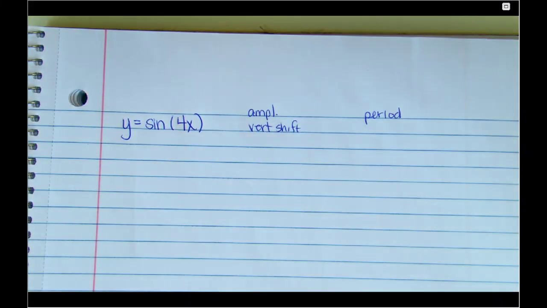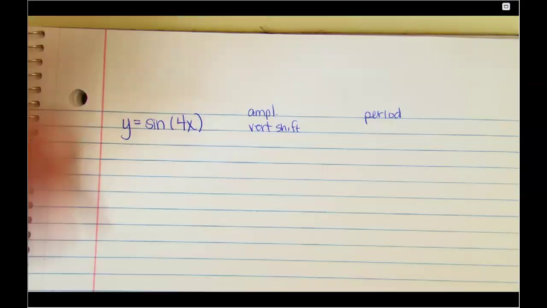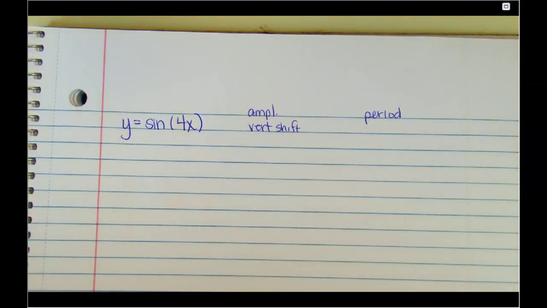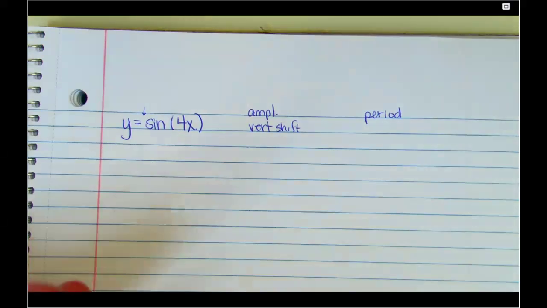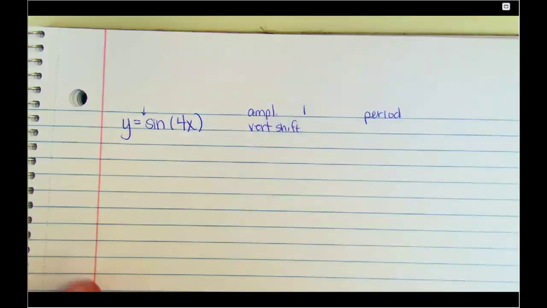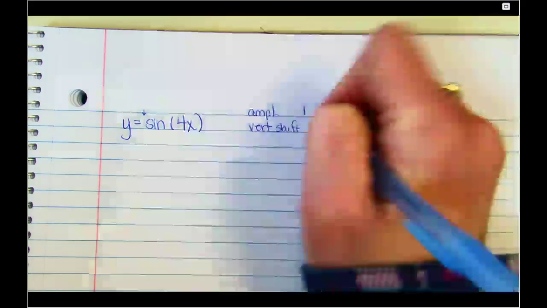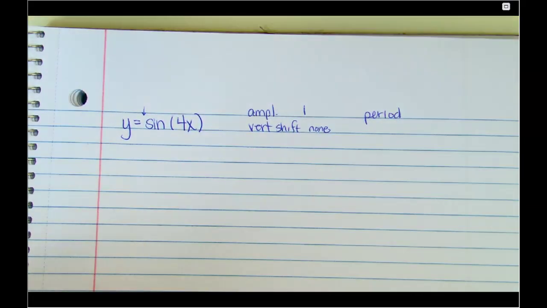Tomorrow we will add in the last of them, because there are always 4 things I told you, but we're not worried about it today. What's the amplitude of this graph? 1, because the amplitude is the thing in front, and it's 1 because there's nothing there. What's the vertical shift? None. There's no plus number on the end. There's no vertical shift, or you could put 0 if you're not inclined to write none.